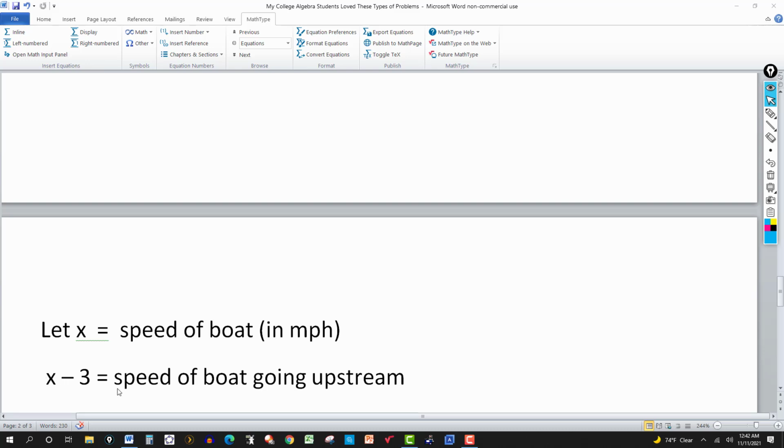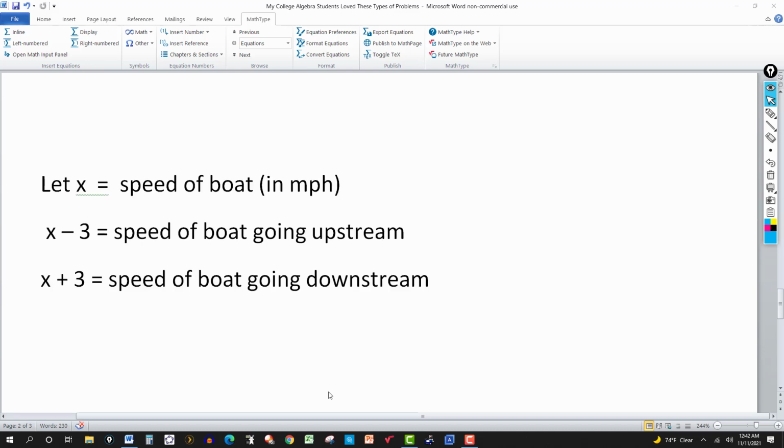So x minus 3 equals the speed of the boat going upstream. That's against the current. And then going with the current, or downstream, the speed of the boat downstream is x plus 3 miles per hour.